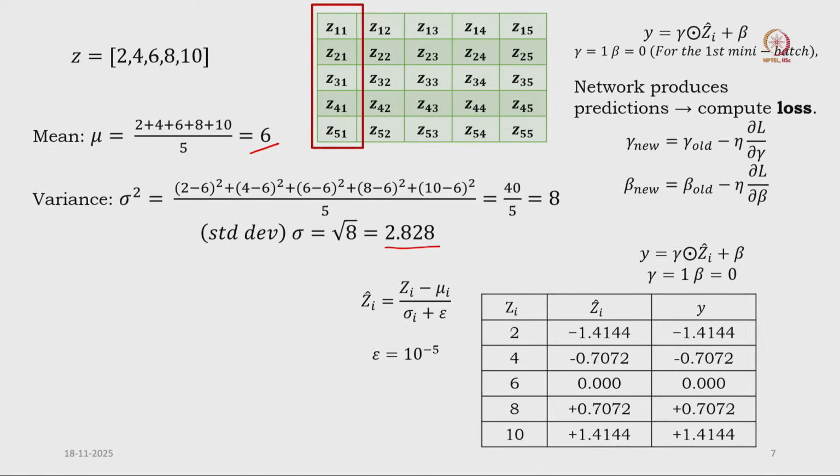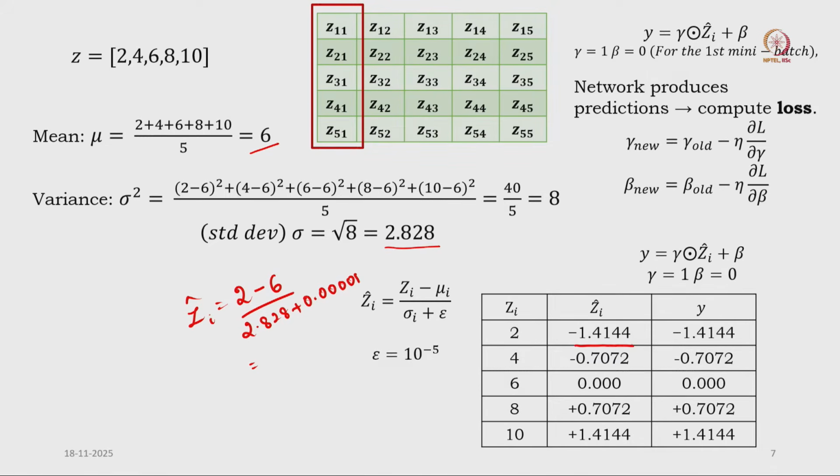If you substitute the values, Z_i' is: the Z value 2 minus the mean, which is 6, divided by the standard deviation, which is 2.828, and we are adding a small epsilon value just to ensure that the denominator will never be 0. So, 0.00001, 10 to the power of minus 5, a very small negligible value is being added. Whatever the resultant you get here is the normalized value of that 2.